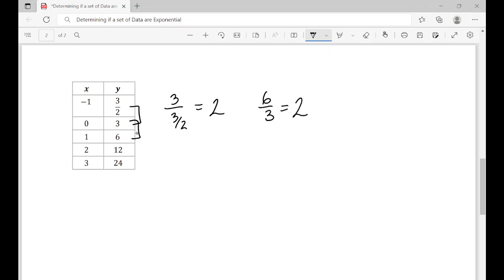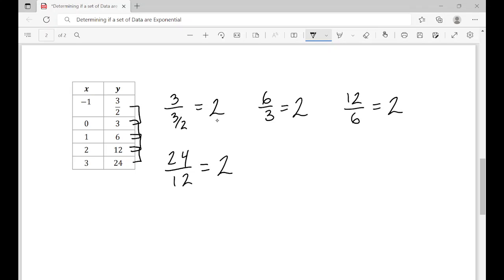Looking good so far. Now let's do 6 and 12. So 12 over 6 gives us 2. Feeling pretty good about the last one, but we're going to write it out just to prove it. 24 and 12. So 24 over 12 is going to give us 2. We can see there's a constant ratio, so this is exponential.